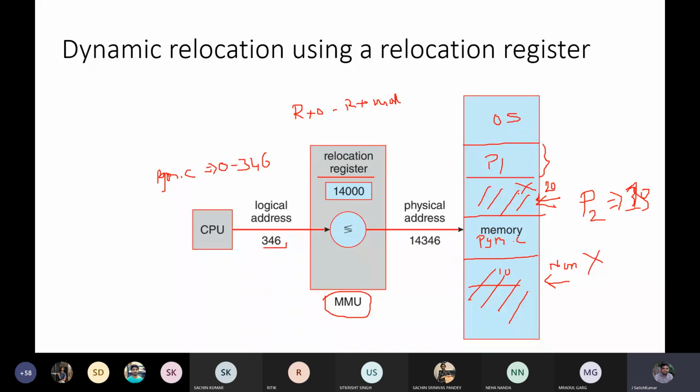If P2 takes 30 bytes and 30 bytes are not available here, it will allocate somewhere else where they are available. It will not allot 20 bytes here and 10 bytes there. The memory for a particular process should be continuous.